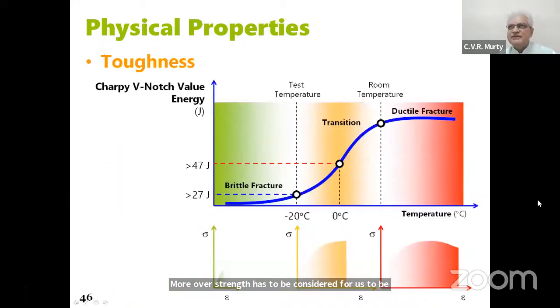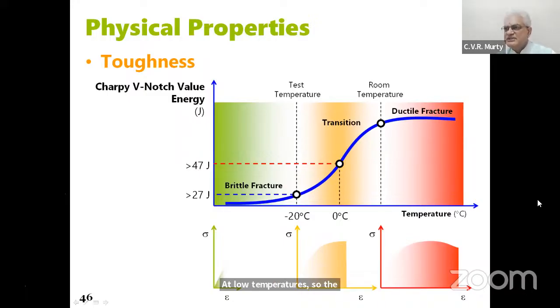Now, remember that point. Let's come to another property called toughness, the Charpy V-notch value. All of you are familiar with this, that depending on which weather condition we are building the steel structure in, we need to appropriately have the correct steel for it, right? If you're going into low temperature, we have to be very careful because we don't have enough toughness at low temperature. So the larger, the better for us.